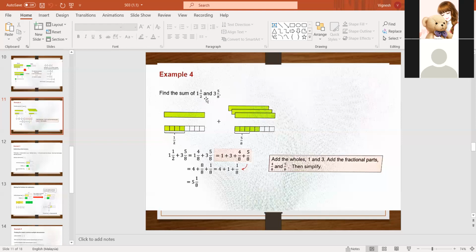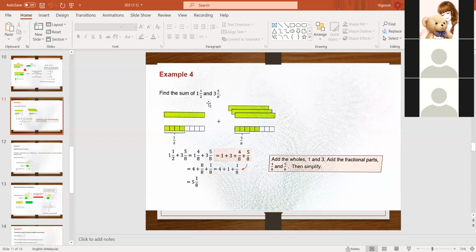So 2 times 4, you will get 8, and 1 times 4, you will get 4. So 4 over 8.